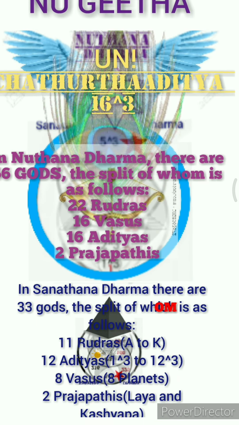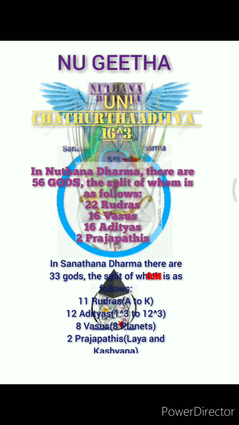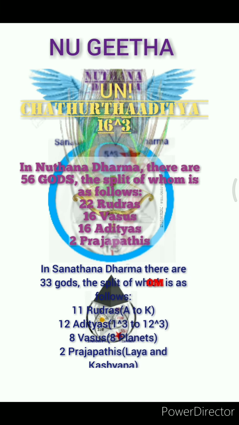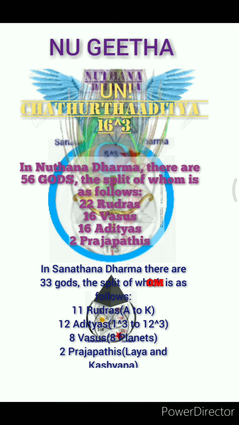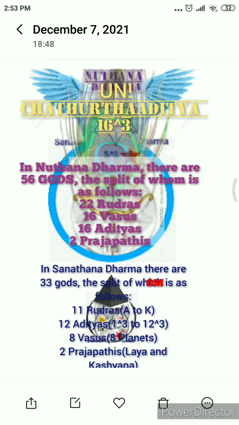So that is why the next Chaturtha Aditya will have in his world 56 gods. And how did we arrive at this figure 56? There are 11 Rudras here.